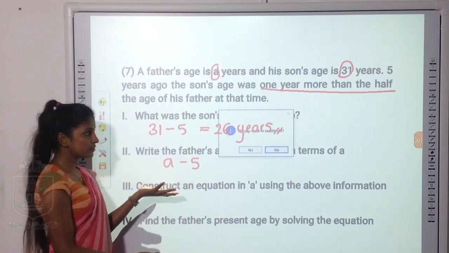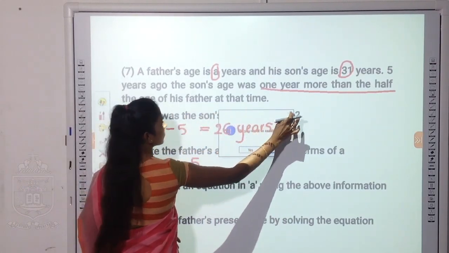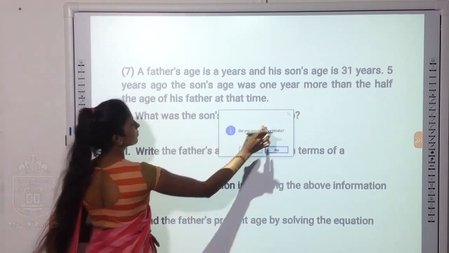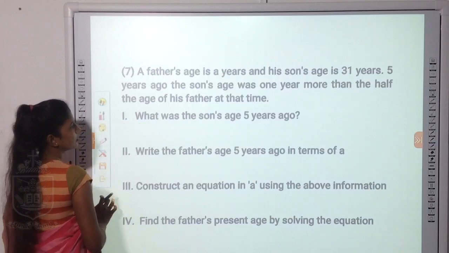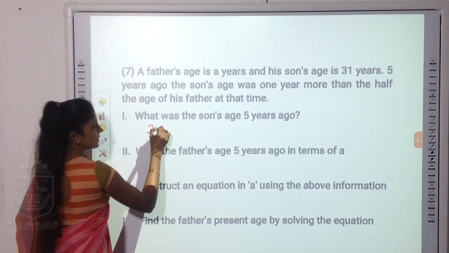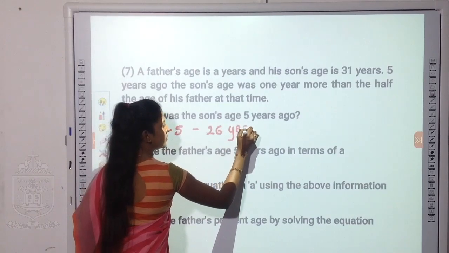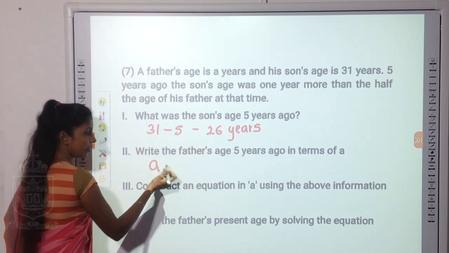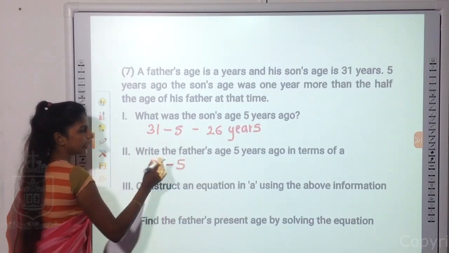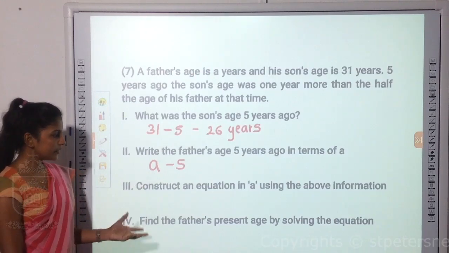No, this is just an expression, we can't solve it. So here 31 minus 5 is 26 years. And here the father's age is A. 5 years ago means A minus 5. We can't solve and get an answer. That's all that we can simplify.